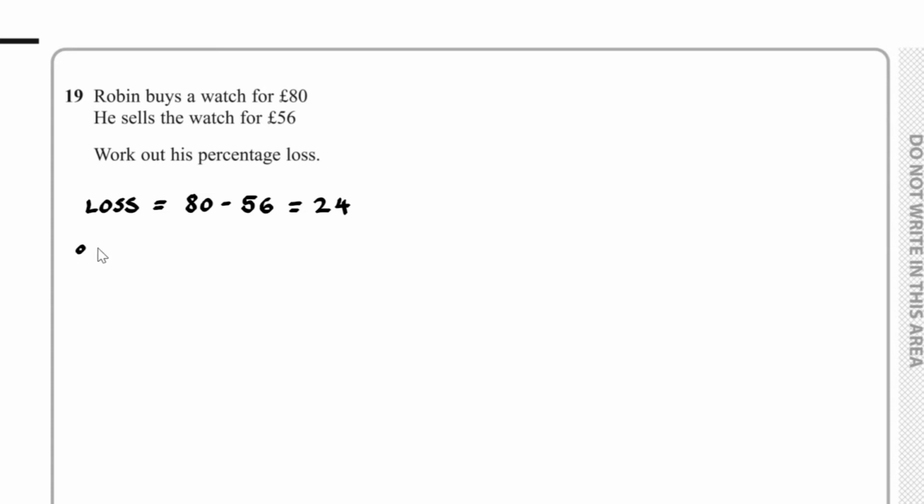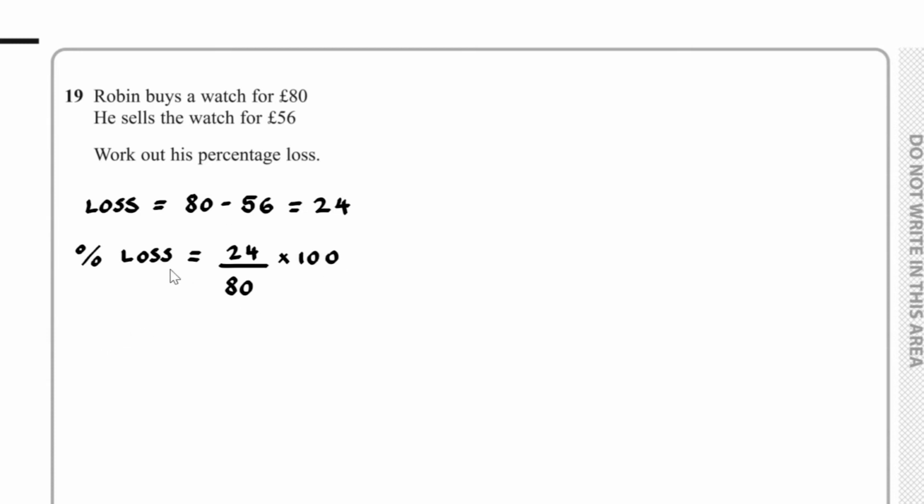And so therefore, the percentage loss, we've got the loss 24 divided by the original amount, which is 80, and then we have to multiply this by 100 to convert it into a percentage.